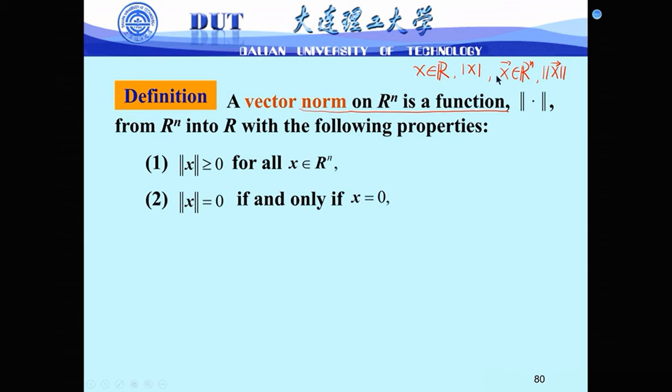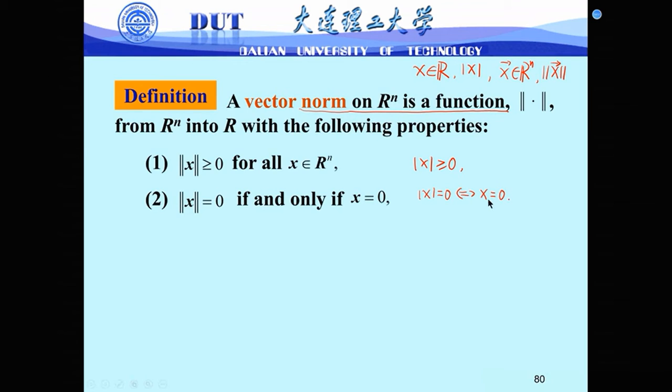You can compare the definition of norm with the absolute value. For absolute value, the absolute value of x is bigger than or equal to 0, so it is positive. And second, we know the absolute value is 0 if and only if x is just 0.